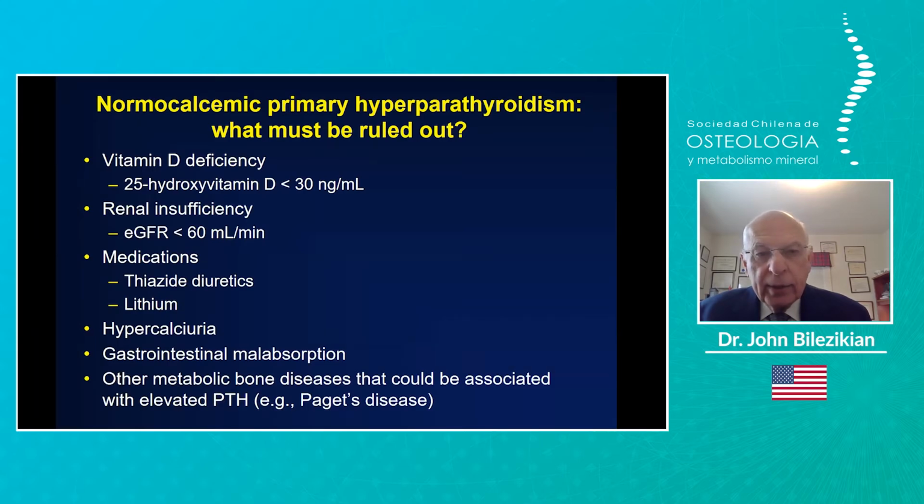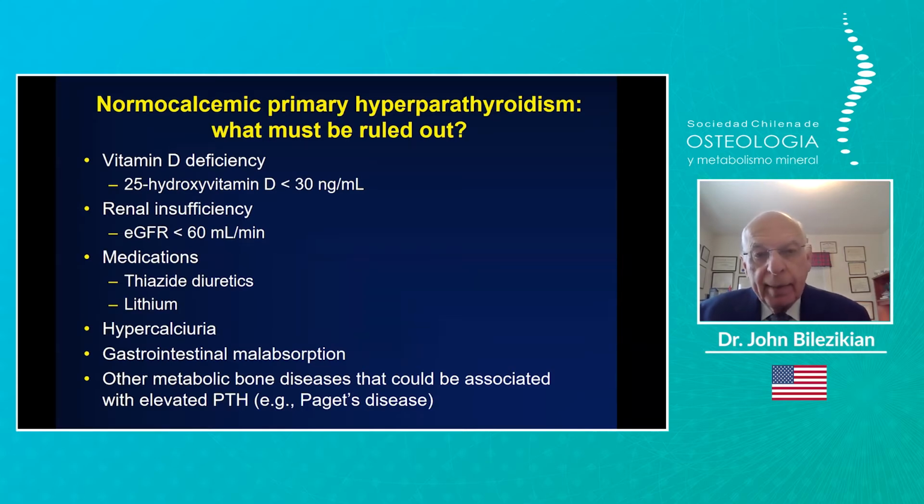These situations that we call secondary hyperparathyroidism are listed here. We want to make sure patients are not vitamin D deficient. And for this discussion, we want our patients to have a 25 hydroxy vitamin D level that is greater than 30 nanograms per ml.